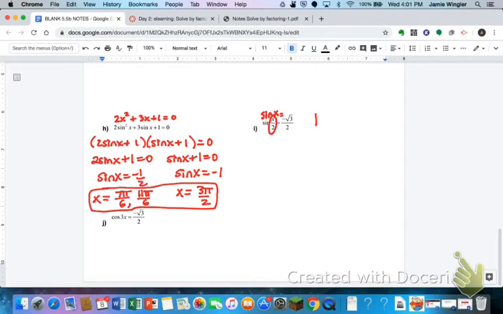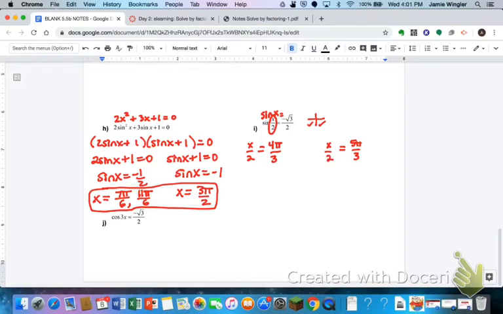I know that sine is negative in quadrants 3 and 4, and it's negative radical 3 over 2 at 4/3 pi and at 5/3 pi. But instead of writing x equals, I have to write x over 2 equals.